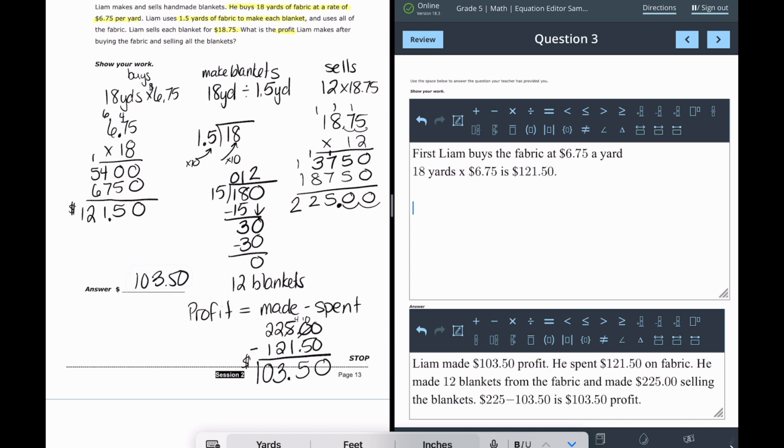Notice I'm not going to recopy everything that I wrote here. I could, if you really wanted to, you could just do 675 and then on the next go down a line and do times 18 and go down a line. I don't want to do that. But I am showing that I know what the answer is because I'm doing it on paper.